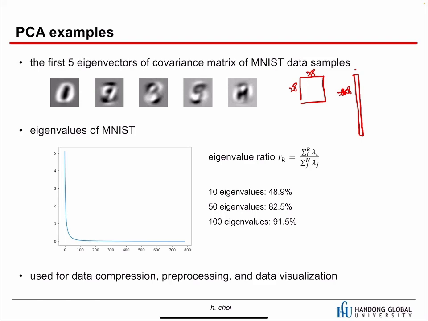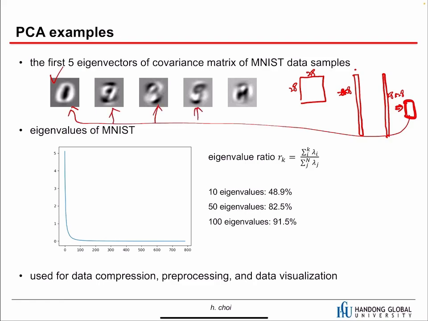After eigendecomposition, an eigenvector will be a vector in the 28 by 28 dimensional space. This is one eigenvector. Then we can reshape it to make an image, and this one corresponds to this one, and this one. So we show the first 5 eigenvectors.